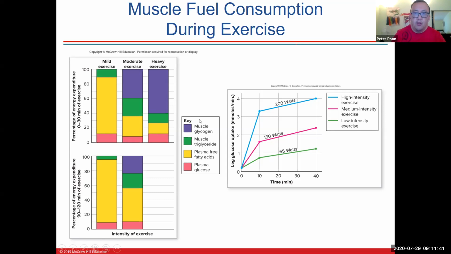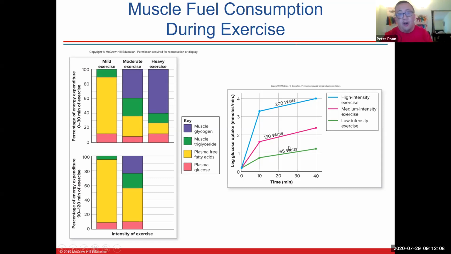So this is 130 compared to 65. So you're burning more energy in medium intensity exercise. Remember back in the day when you guys used to go to the gym? If you go on those treadmills or bikes, they have this fat burning zone.